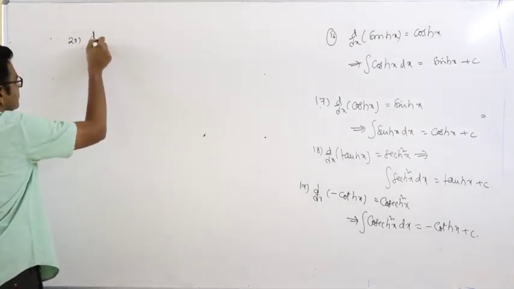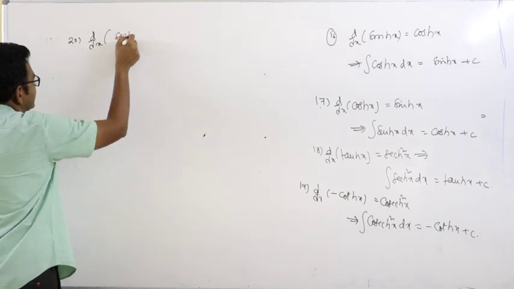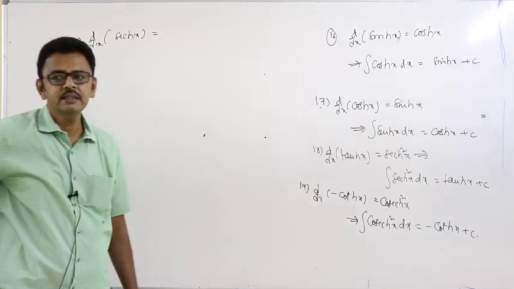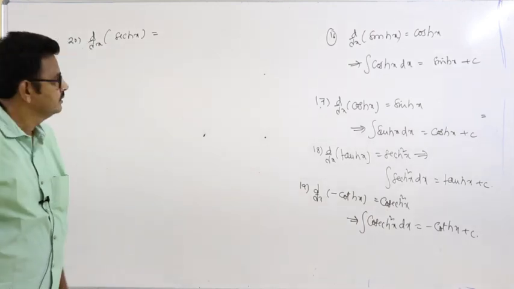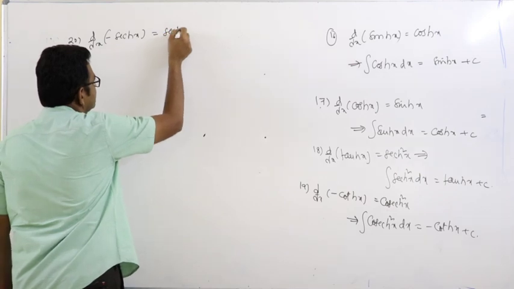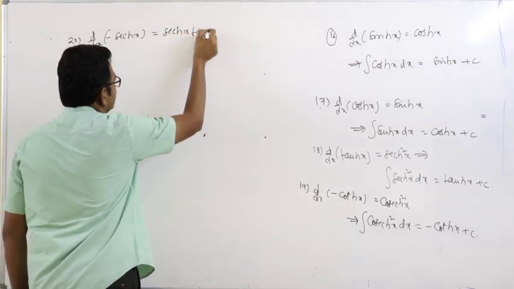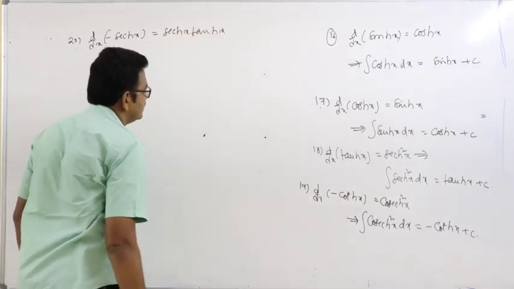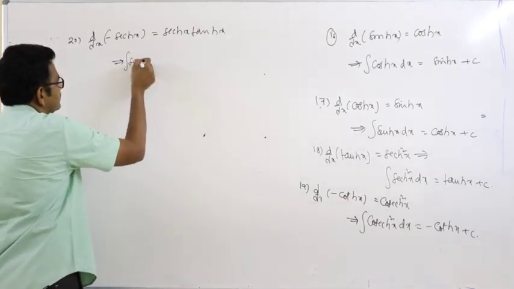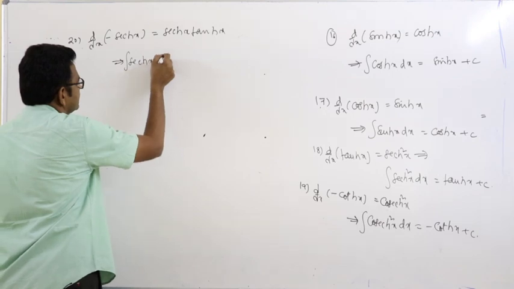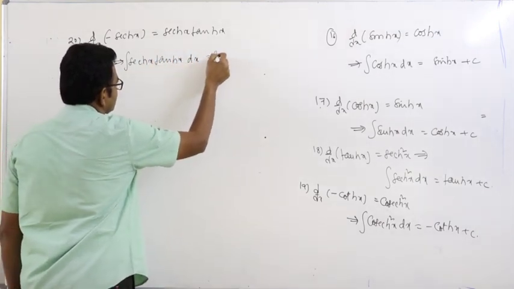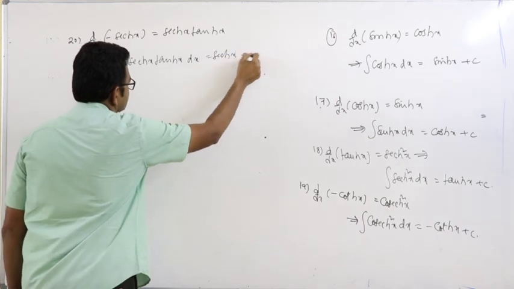Derivative of secant hx is equal to minus secant hx into tan hx. So derivative of minus secant hx equals secant hx into tan hx, which implies integral secant hx into tan hx dx is equal to secant hx plus c.